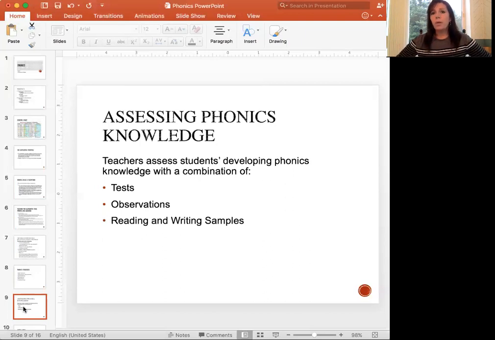So there's a quick look at phonics. There's a lot to it, and it can seem overwhelming at first, but once you get into it, it's really not that overwhelming. But just remember, overall, there is a specific sequence to it.